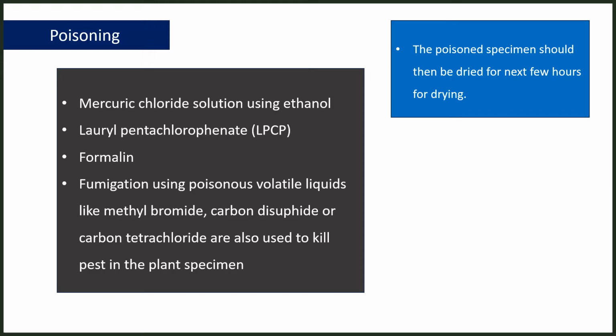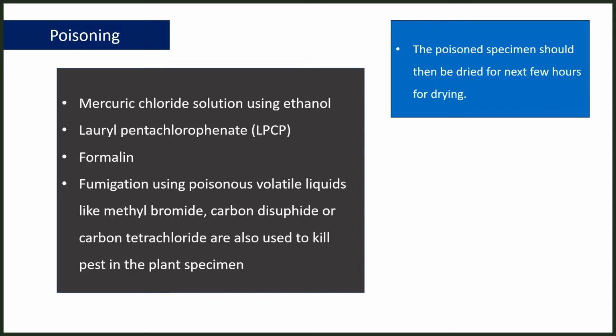So the next part is poisoning. The dried plant specimen needs to be poisoned, because in the course of time you will find that the plant gets infected with small pest insects. So for that matter, you have to make sure that it is being poisoned. There are different ways of poisoning. You can poison with mercury chloride solution.